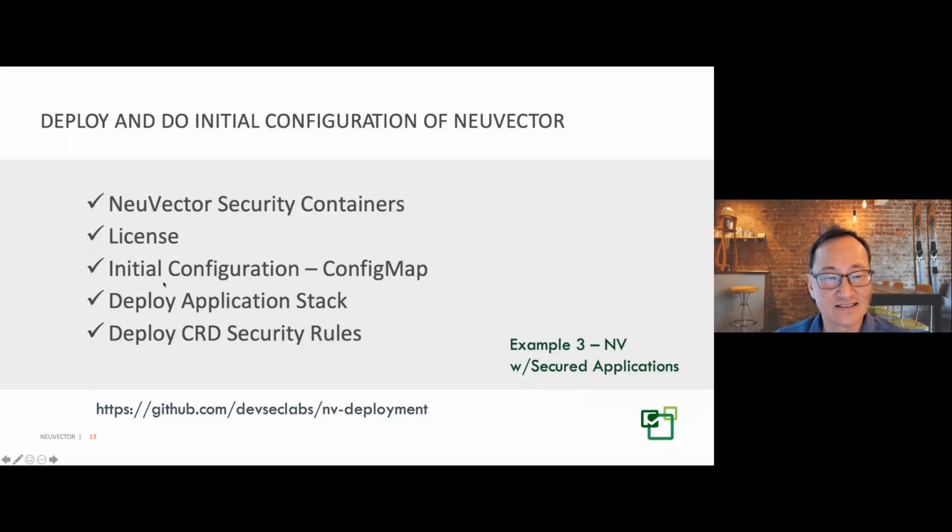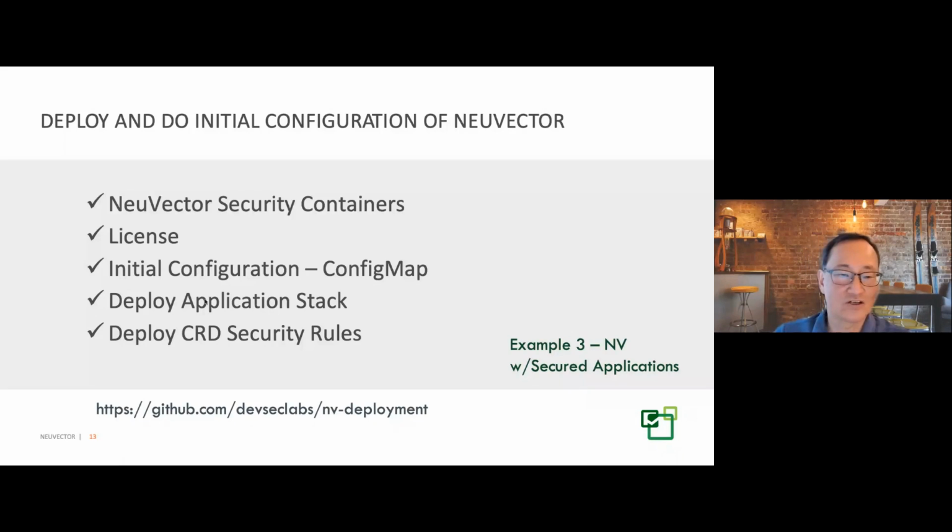And then in this example, we take it even further where we have an application stack, which is really, think of it as if you have an application that you need to be able to set up and run on any public cloud very quickly, you can automate that through Terraform as well.